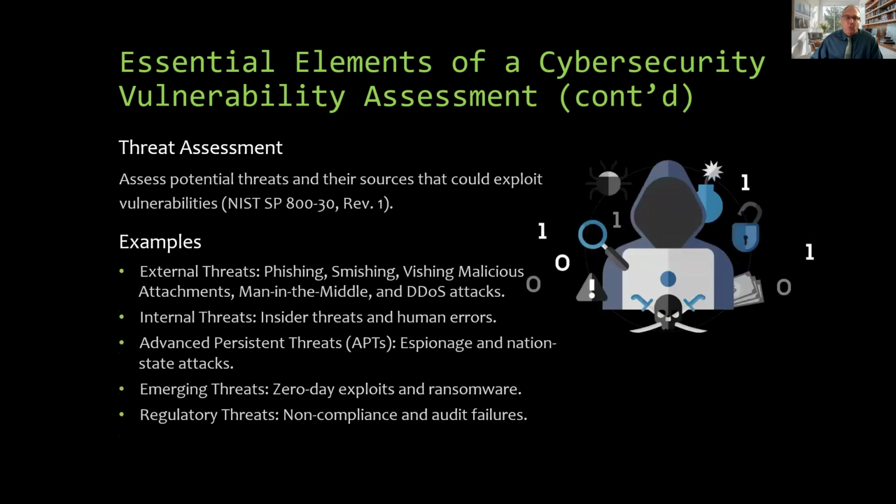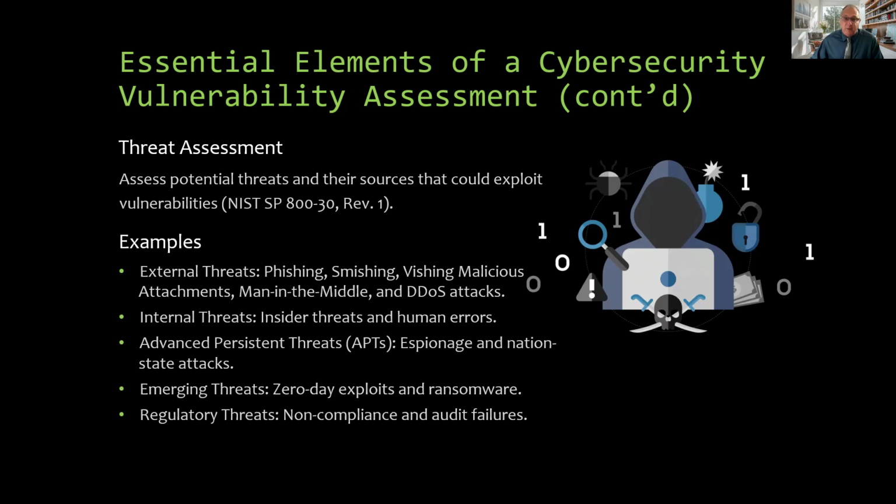Then what would be the threats to that asset? A lot of times we'll do what's called a tabletop exercise, where stakeholders will get involved in determining and brainstorming what the different threats to the particular asset are. We'll sit around a table and brainstorm what the external threats are, what the internal threats are.